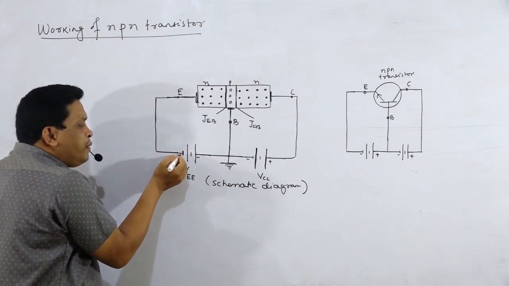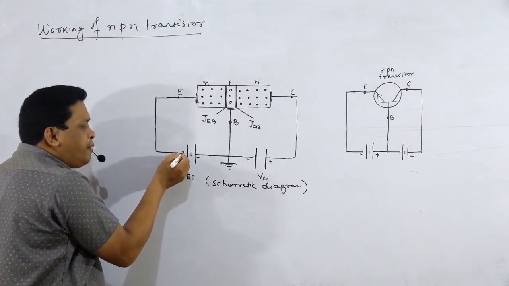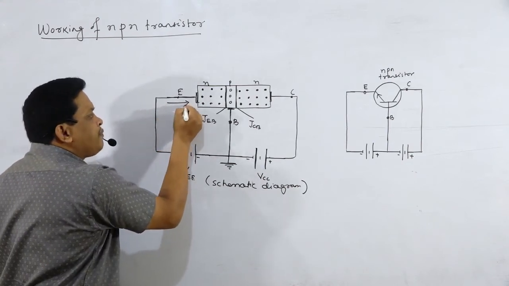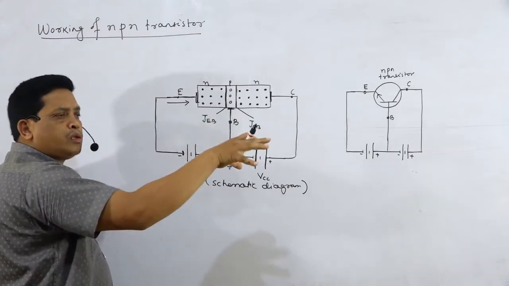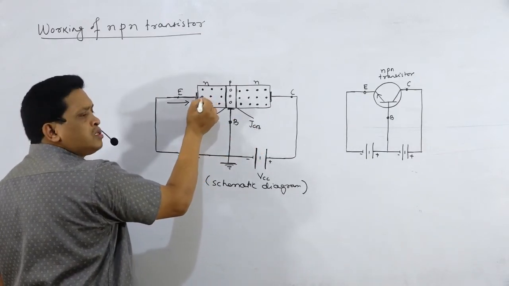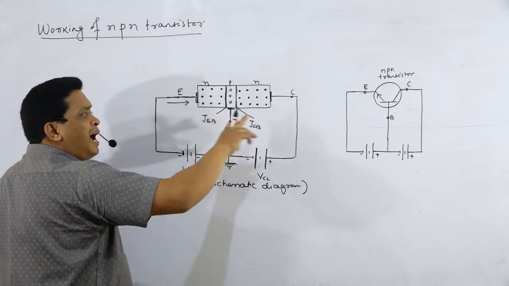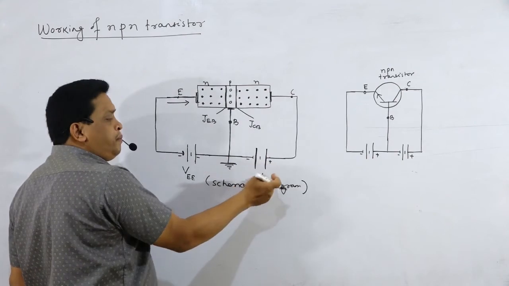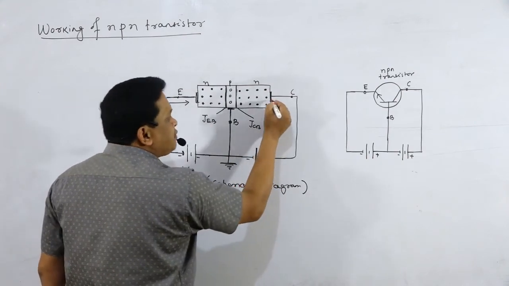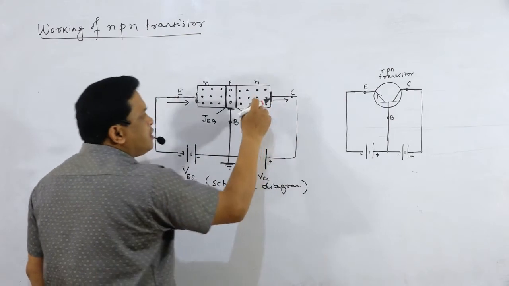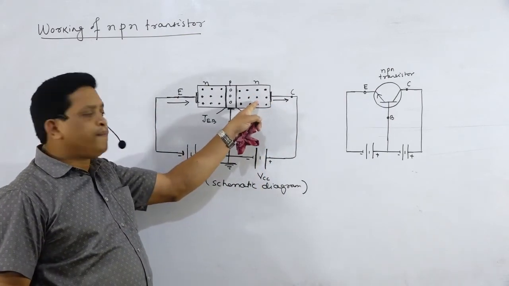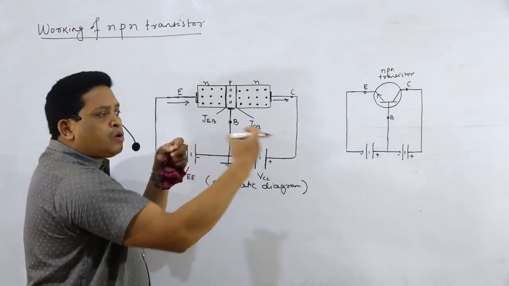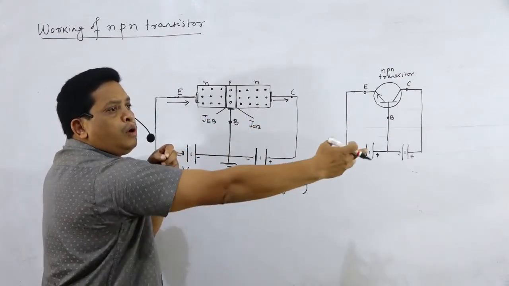So the negative terminal of the input battery VEE gives a repulsive, pushing force on the free electrons from the input side. At the same time, the positive terminal of the output battery VCC gives a pulling force, because the electrons are negatively charged and this is the positive terminal of the battery.